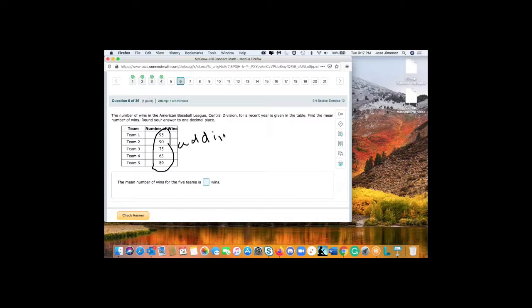So we're using plus. All the numbers, 95 plus 90 plus 75 plus 63 plus 89 divided by the number of teams, which is 5. So once you add it, then you divide it by 5. And that's all you have to do for this one. That's what we call the mean.